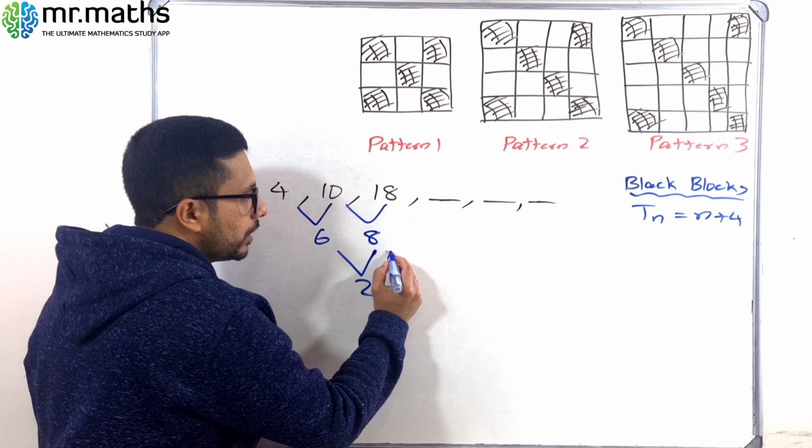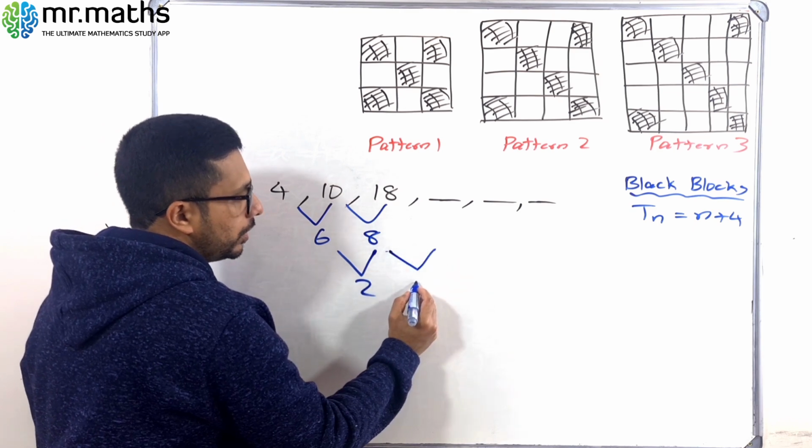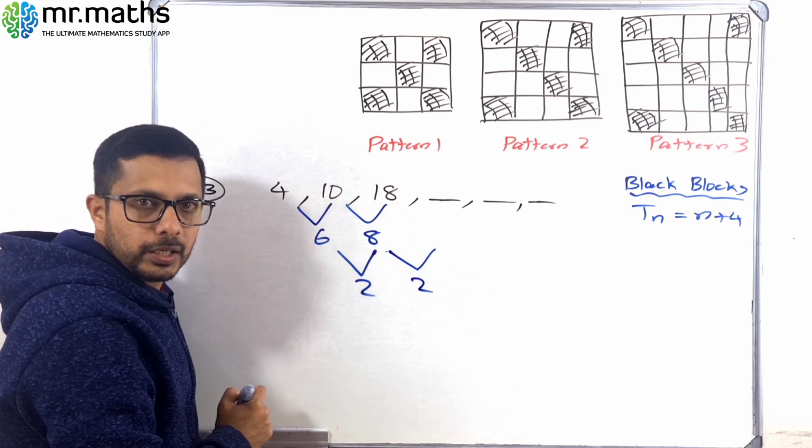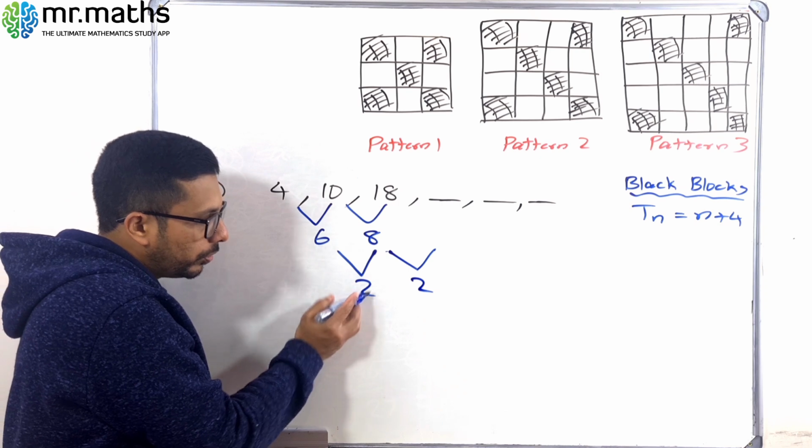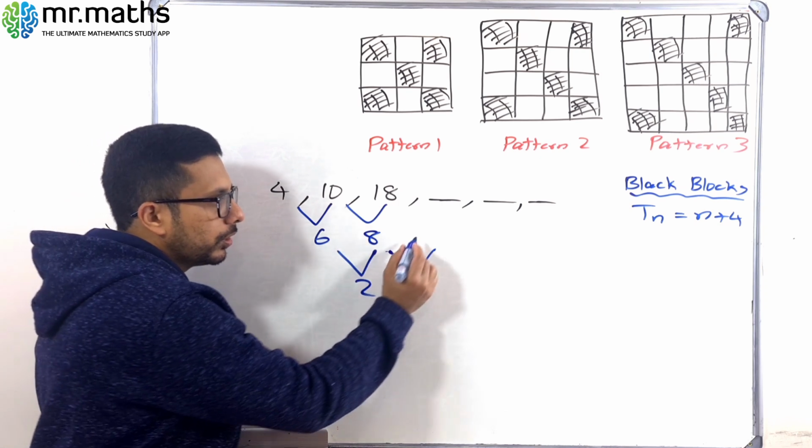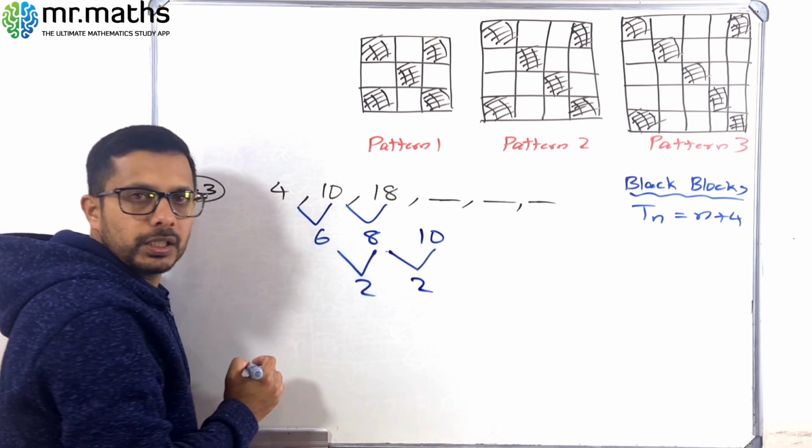In a quadratic sequence, you know that the second differences are the same. So 6 plus 2 is 8, 8 plus 2 is, so here what is the number supposed to be? 10.